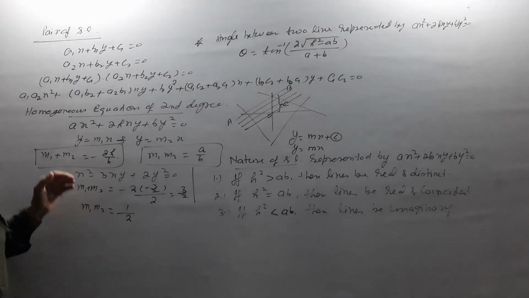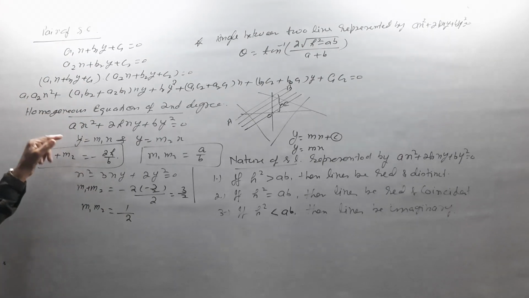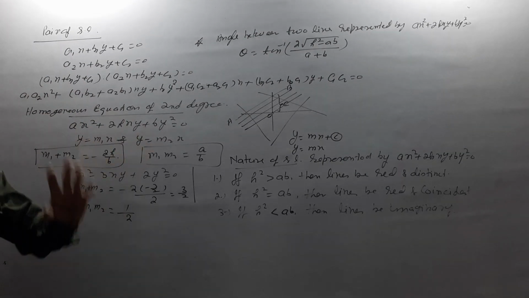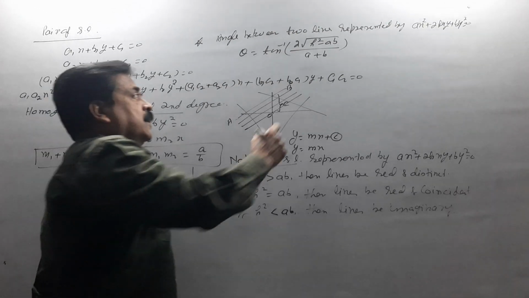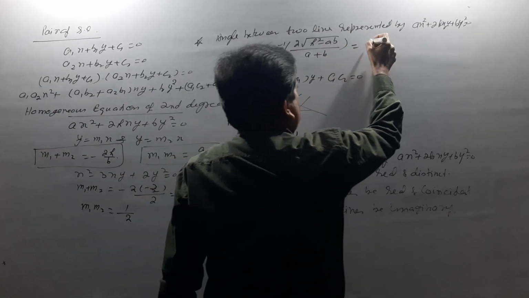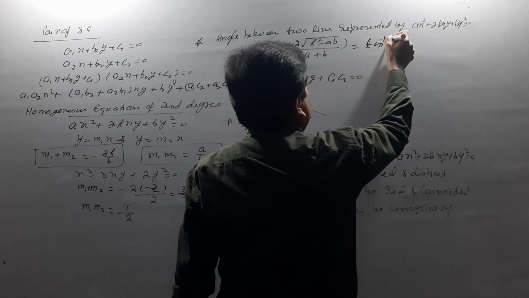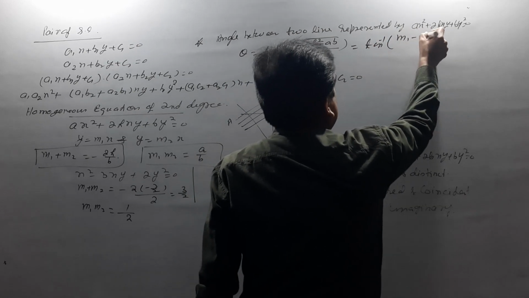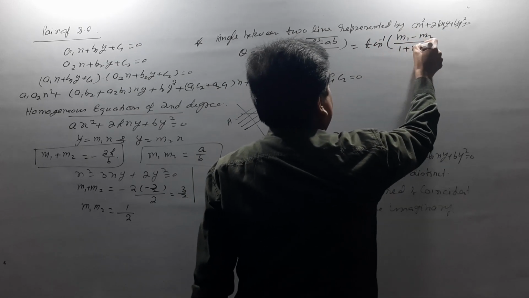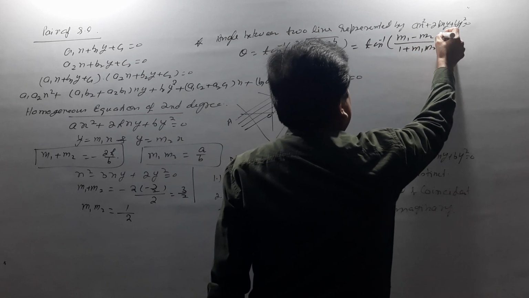If we have two separate equations like y equals m1x and y equals m2x, then the formula will be tan inverse of m1 minus m2 upon 1 plus m1 m2.